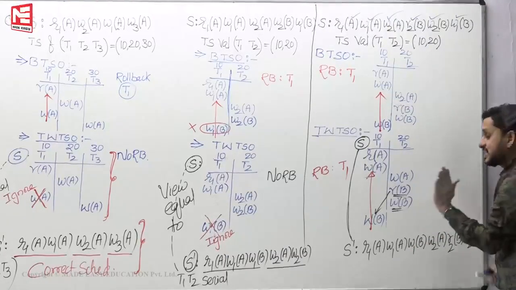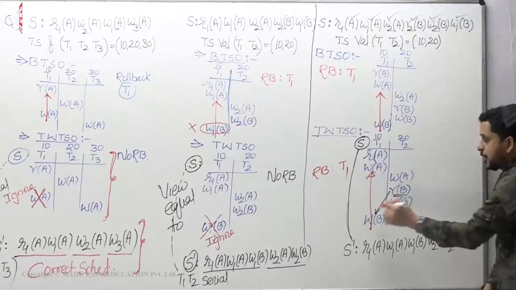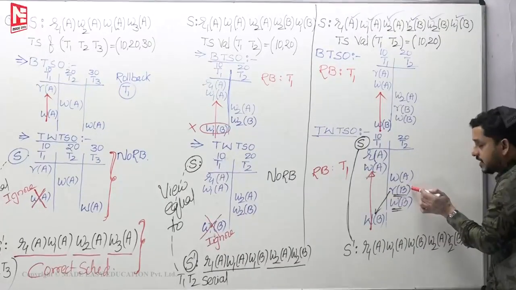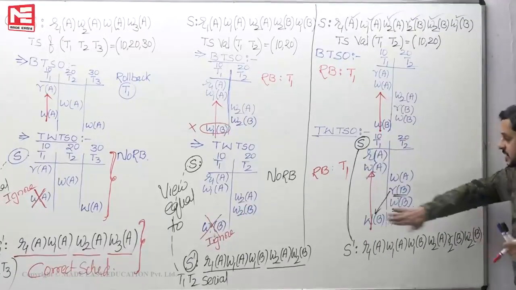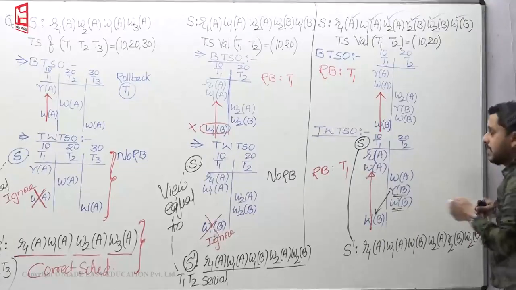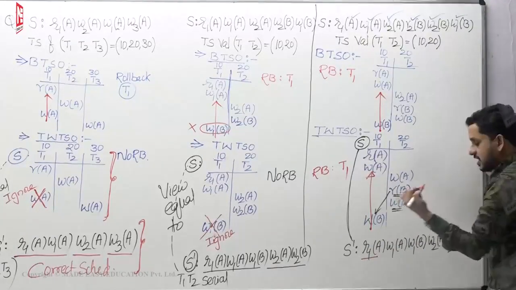But let us assume the write is not rolled back, because T2 has already done the read, so the write request is not allowed. Assume it is ignored, then what is the problem? The initial read is the same as this initial read.